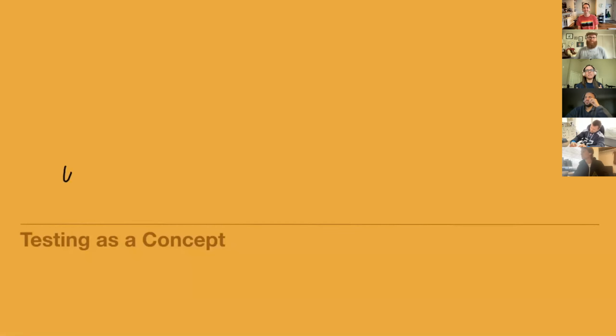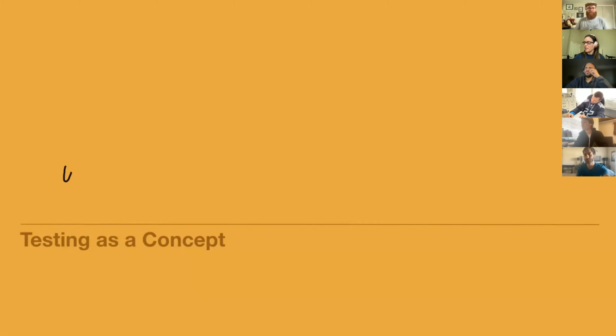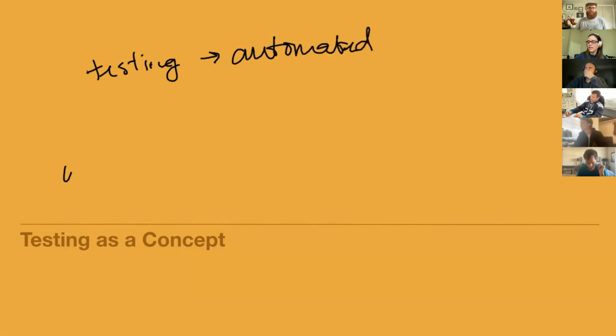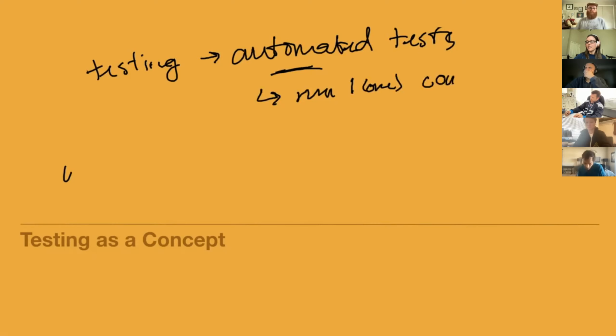So when we refer to testing in programming, what we're really referring to is automated testing. Sorry, my handwriting is not great, but testing really refers to automated tests. When I say automated, what I mean is I run one command and my whole program is tested.